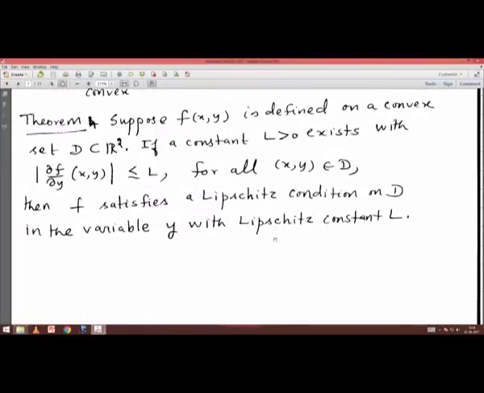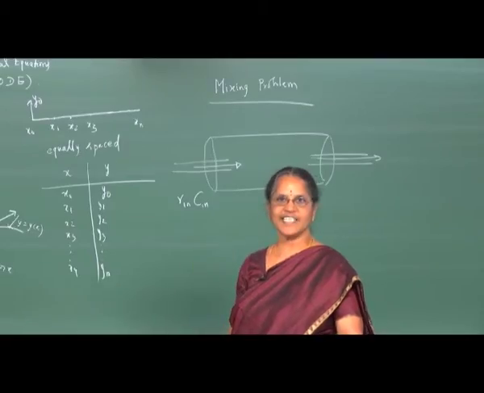So, let us present this result. Suppose the function f(x, y) that appears on the right hand side of a first order differential equation dy/dx = f(x, y) is defined on a convex set D, which is a subset of R2.